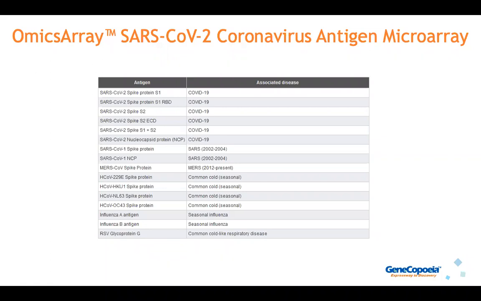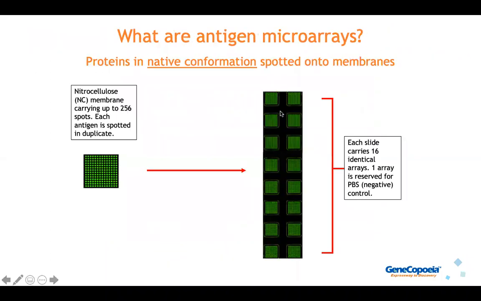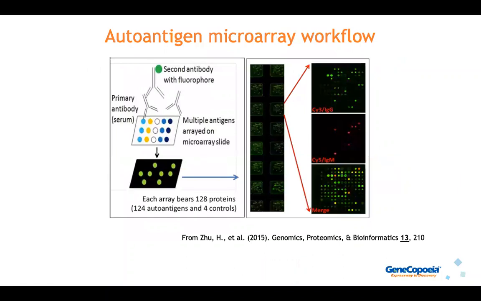So this is available as an array that you can purchase. The arrays come on glass slides, where we place 16 identical arrays on a glass slide. Or we can do a custom service for you in which we would take patient samples and incubate the arrays with a patient sample. These are then probed with secondary antibodies labeled with a fluorophore.